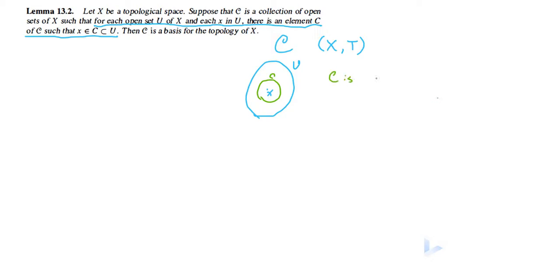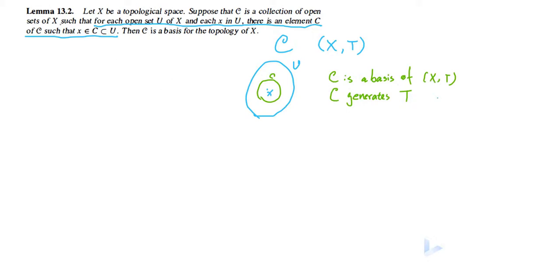C is a basis of this topological space (X, T), which means C generates the T on the X.